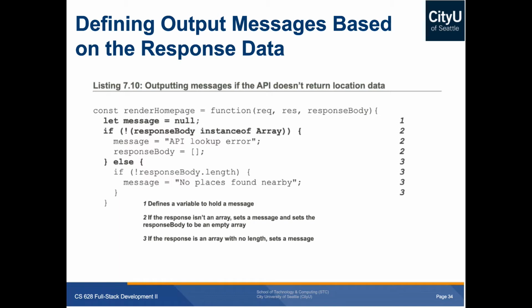Else, if the response body length is 0, then "no places found nearby" would be our message. So this helps the user know what exactly is wrong or missing, instead of just saying, hey, error, right? At least it would say, oh, API lookup error. Or it would say, oh, there's no error really in the API, there are just no places to be found, right?